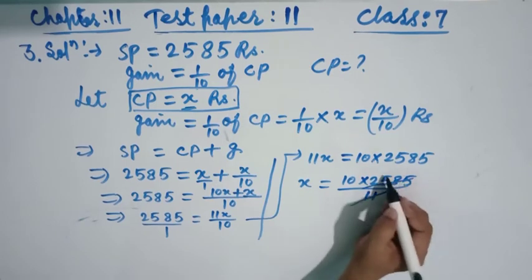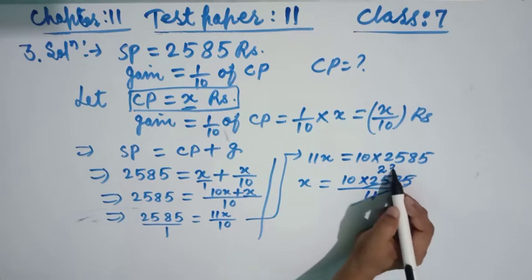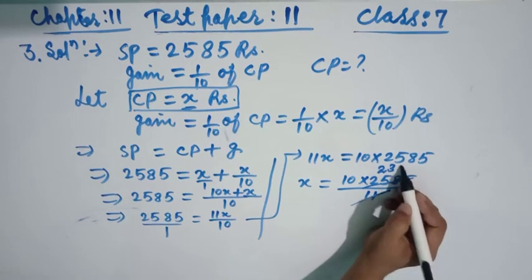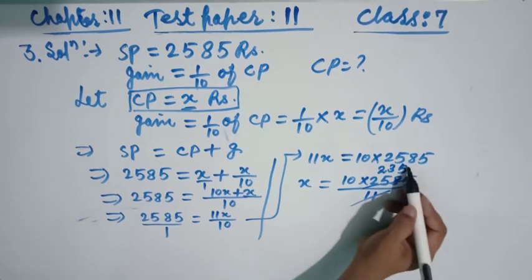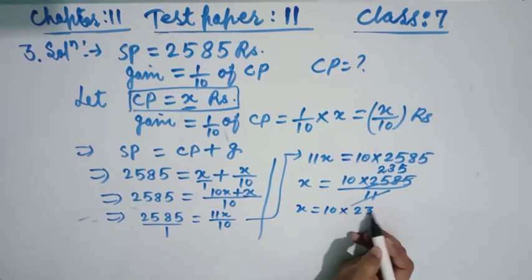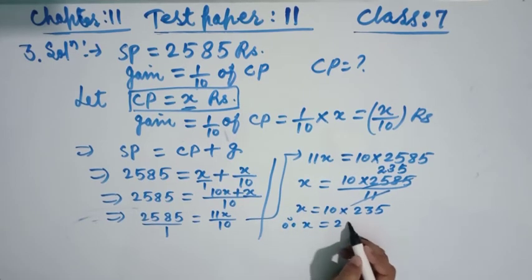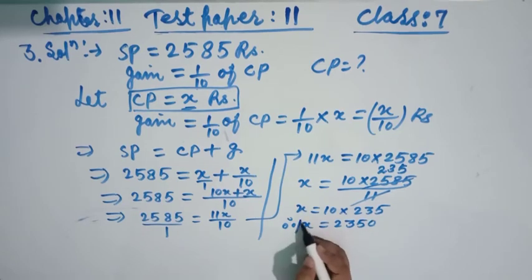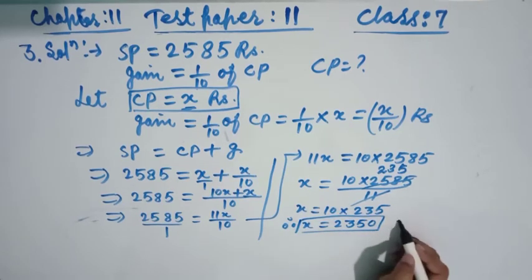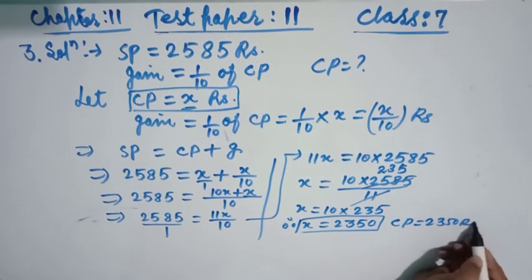So this will get cancelled: 11 twos are 22, 11 threes are 33, 11 fives are 55. So x is equal to 10 multiplied by 235. Therefore x is equal to 2350. This is the CP, hence CP is equal to 2350 rupees. This is the answer.